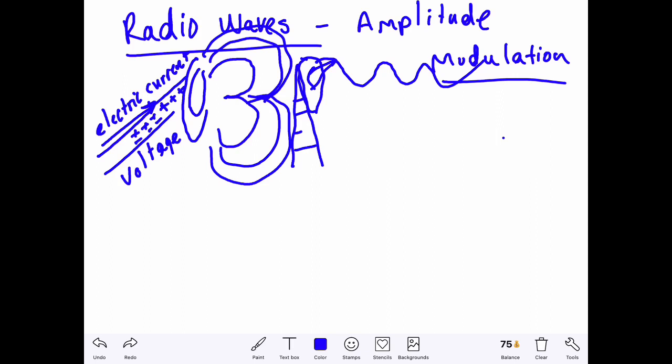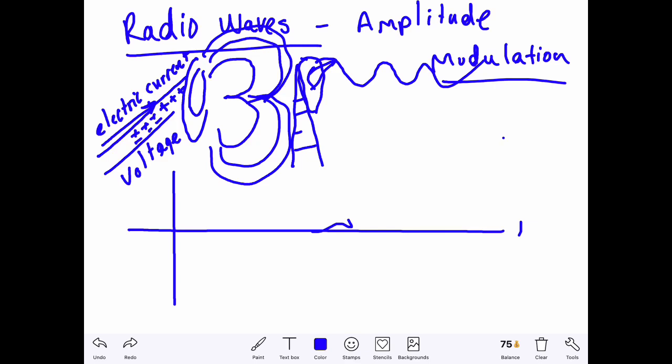So if we're dealing with amplitude modulation, as with AM stations, well, if I were just looking at sine of x, this is our typical sine of x graph.